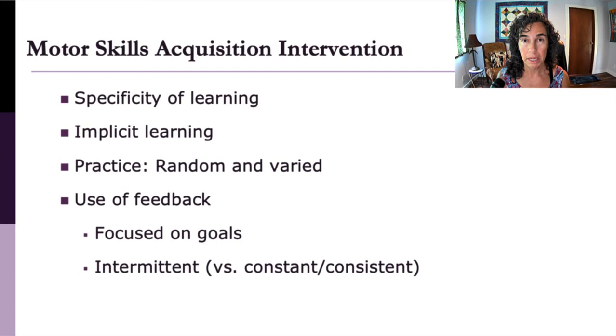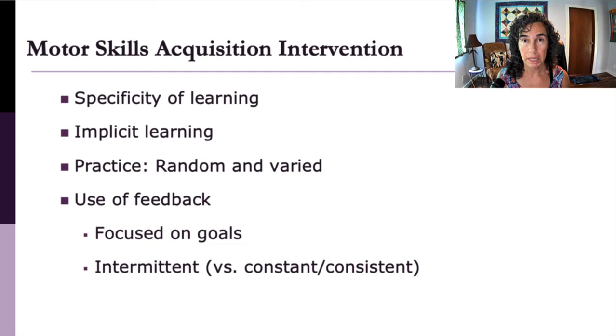The other piece is that the feedback is intermittent. So if, say, in the course of the session, we throw a ball 20 times, right? I'm not going to say every single time, good job, good job, good job. What do you think happens when you do that? Well, for most of us, the feedback stops having any impact, right? It turns into gibberish.